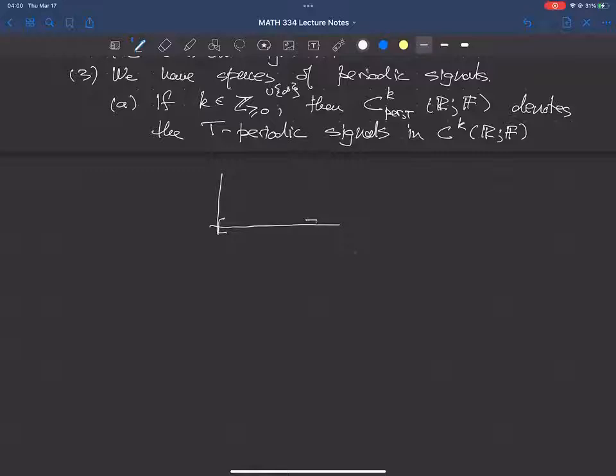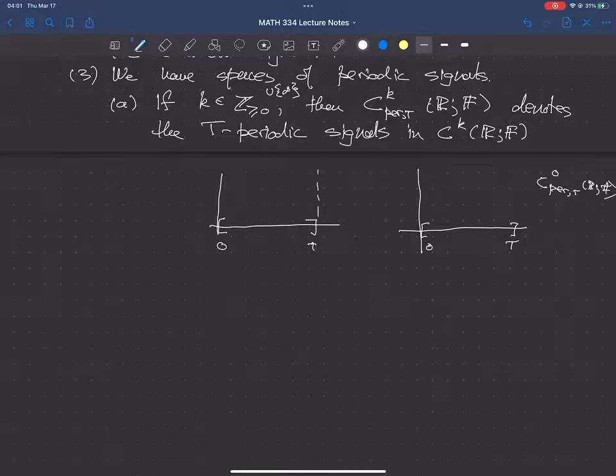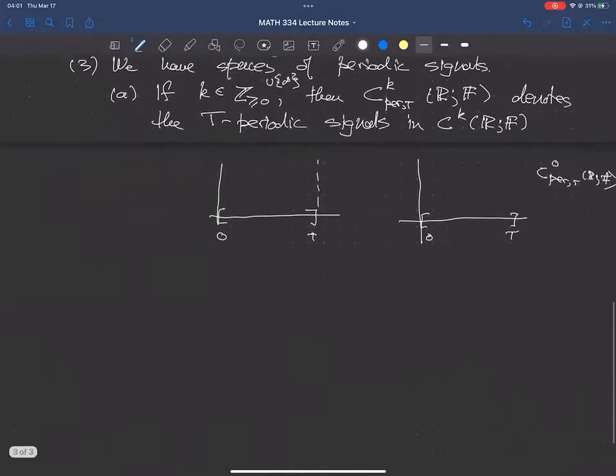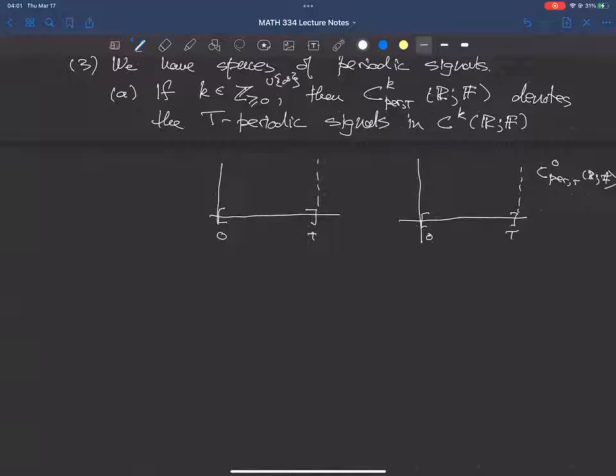So let's say we're going to fix a period T, like so, and we're going to talk about, limited by my ability to reliably draw things, C0 per T of R. As I say, you normally fix your attention to a period, like so, okay?